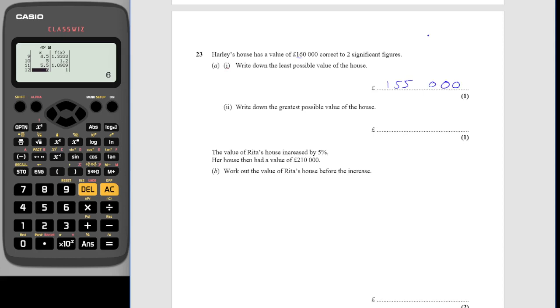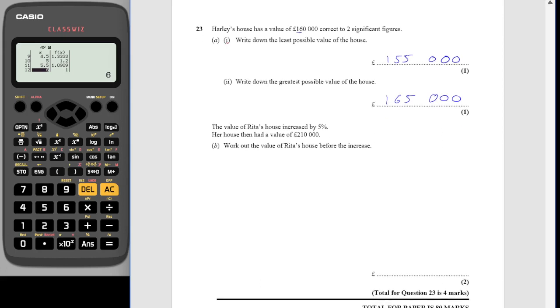And then write down the greatest possible value of the house. Well, in terms of limits of accuracy, we go up to the upper bound and we would say that that's 165,000. Technically speaking, we would round that up, so slightly more accurate would be 164,999 recurring. But we tend to just go for that as our upper and lower bound.